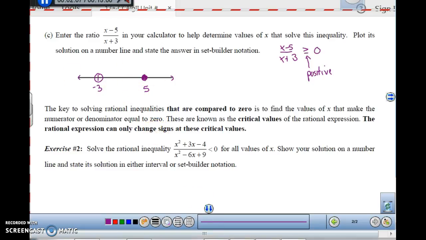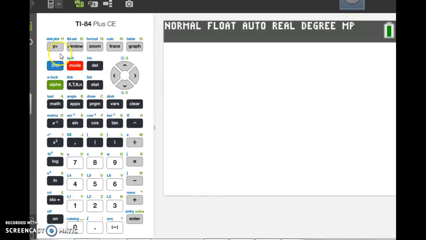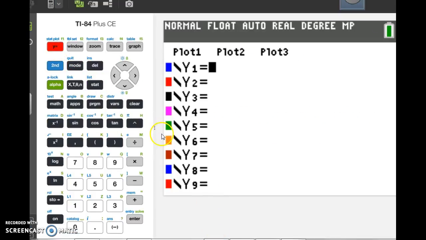So, if I go to my calculator and I want to enter these, I go to my y equals screen. All right, now there's two ways to enter a rational inequality. If you use a division, x minus 5 divided by x plus 3, you have to use parentheses for the numerator and denominator. So parenthesis x minus 5, close your parenthesis, divided by parenthesis x plus 3, close your parenthesis.